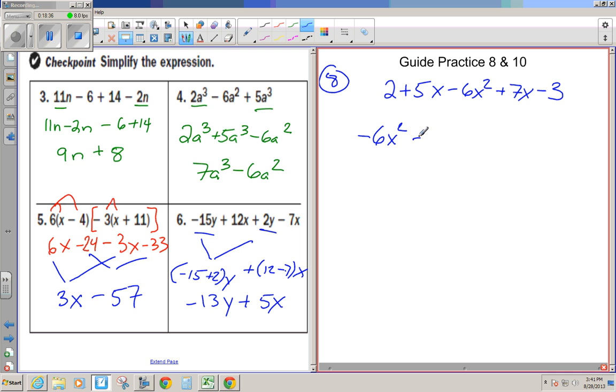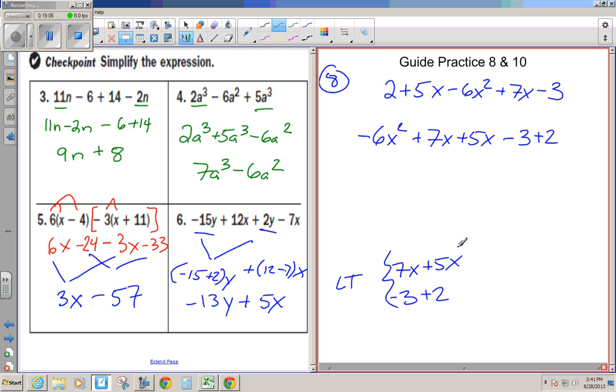Let's take the 7x and the 5x. Those are like terms. Let's put the minus 3 and the plus 2. Those are like terms. So, like terms are 7x plus 5x and negative 3 plus 2.